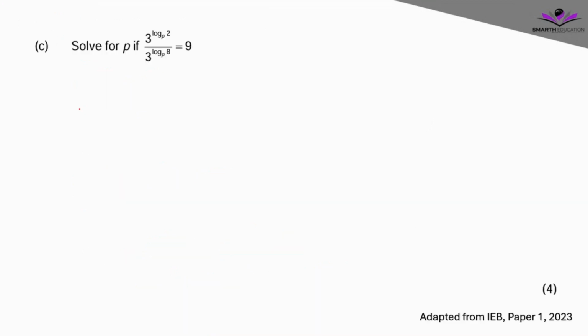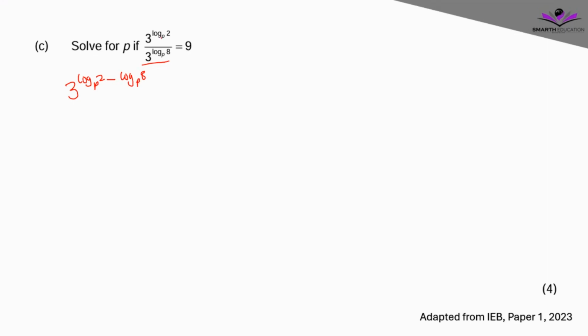Let's do 7c. So we can use both the laws of exponents here and logarithmic laws. Remember, when dividing powers with the same base, we subtract the exponents. So if you check this side, we're dividing powers with the same base. So we're going to say 3 to the power log 2 to base p minus log 8 to base p.